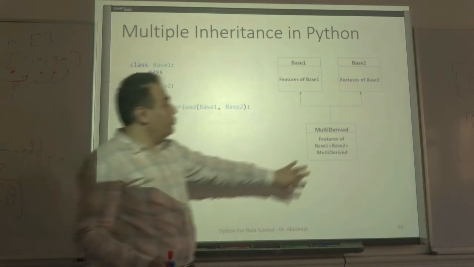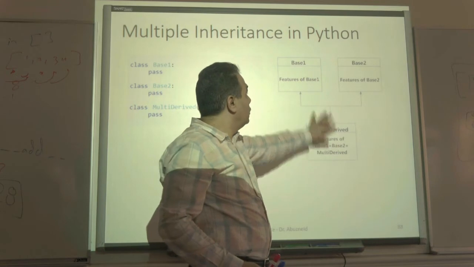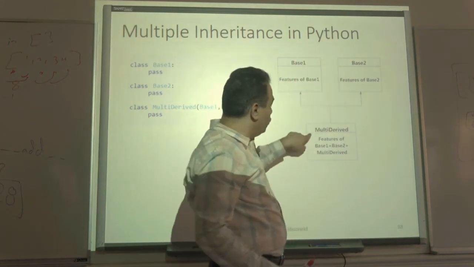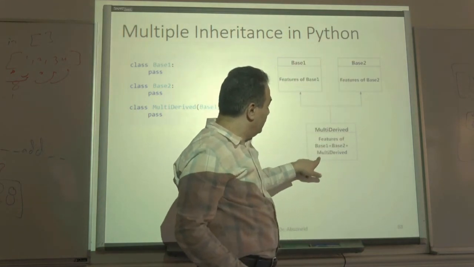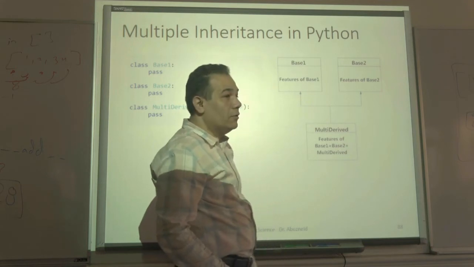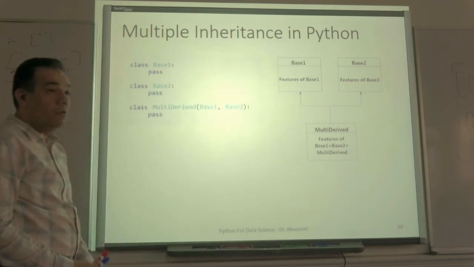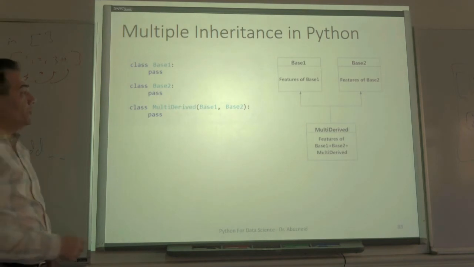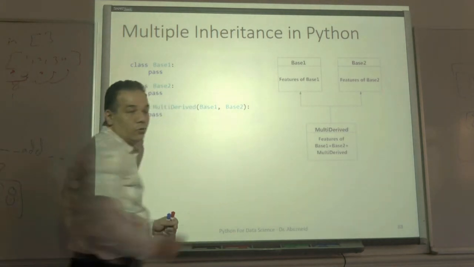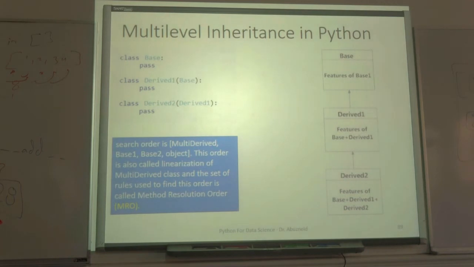So what are the attributes? It will be all the features of base 1, base 2, plus multi-derived, plus what we add there. What is the sequence? Left to right.